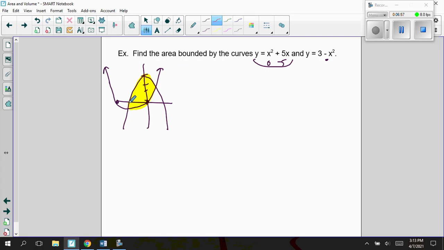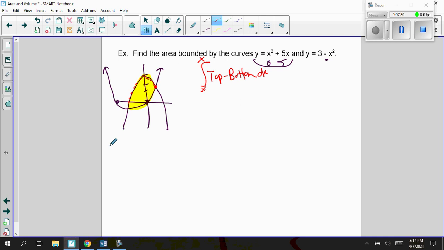I can see that my top function is always this upside-down parabola, so it's fine to do top minus bottom, which means we're doing this in terms of dx with x values as my bounds. You can do it with right and left, but your right side switches right here and you've got different functions on the right, so you'd have to do 2 integrals if you did it in terms of y. So I'm going to stick with the easier one and do it in terms of x.